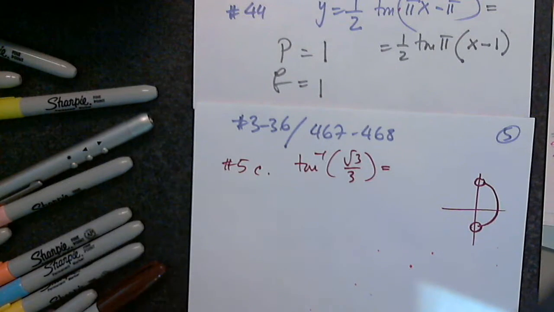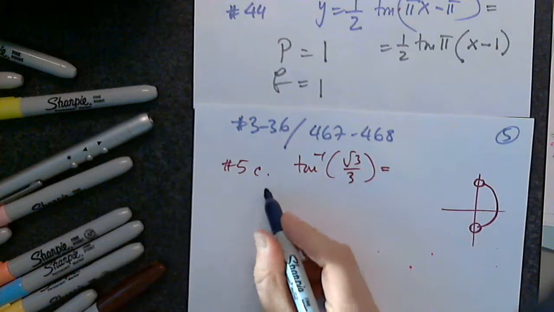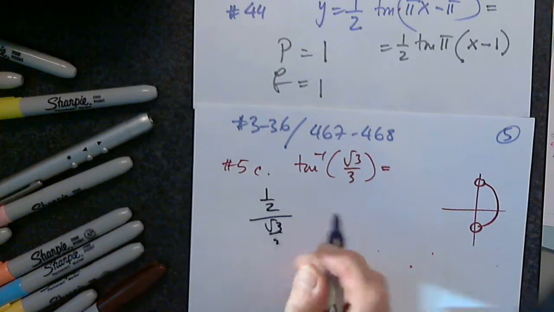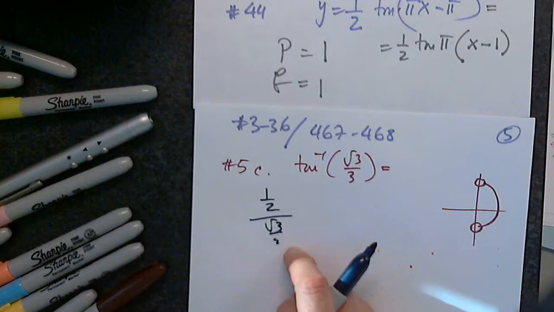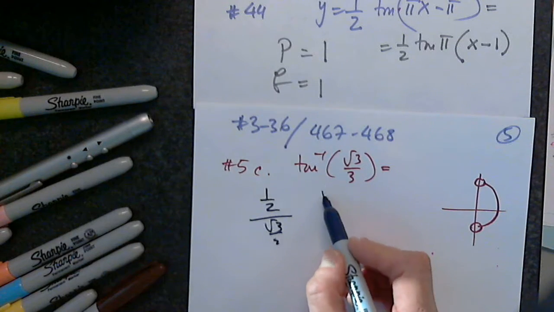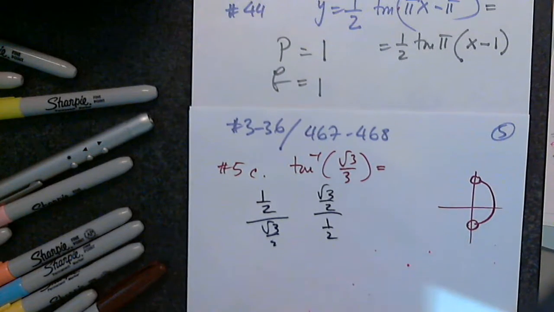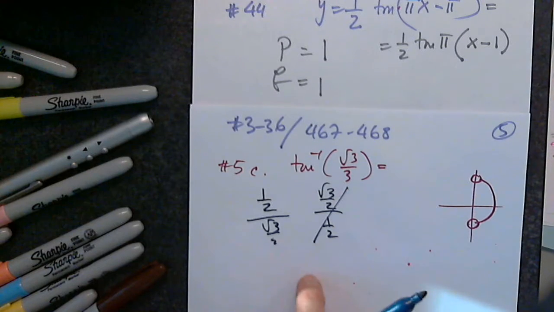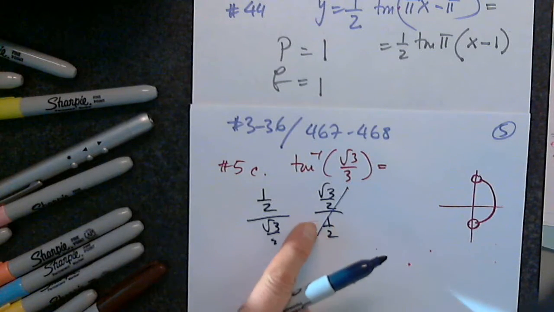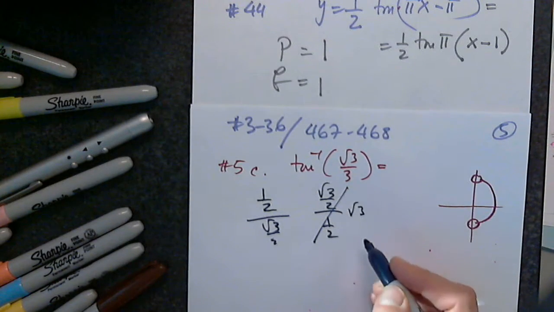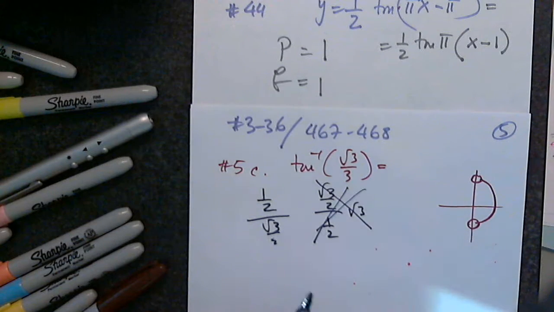But I know that there are only 2 options. For the small angle, it's 1/2 over the square root of 3 over 2, sine over cosine. And for the largest angle, the 60 degrees, it's this. It cannot be this, because when I flip and multiply, I get the square root of 3. So it cannot be the big angle. It must be the small angle.